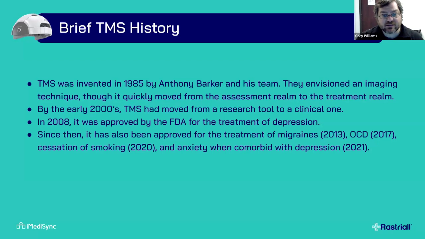By the early 2000s, they'd moved into clinical use of this tool. In 2008, it was approved by the FDA for the treatment of depression. Since then, it's also been approved for the treatment of migraines, OCD, smoking, and anxiety when comorbid with depression. But depression is the big one. There's a ton of research on the use of TMS in the treatment of depression.